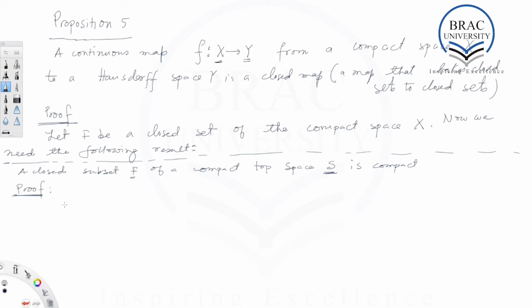So we need to prove that F is compact, right? So we take an open cover of F and then show that it has a finite subcover. That way we prove that F is a compact set. A compact topological space.